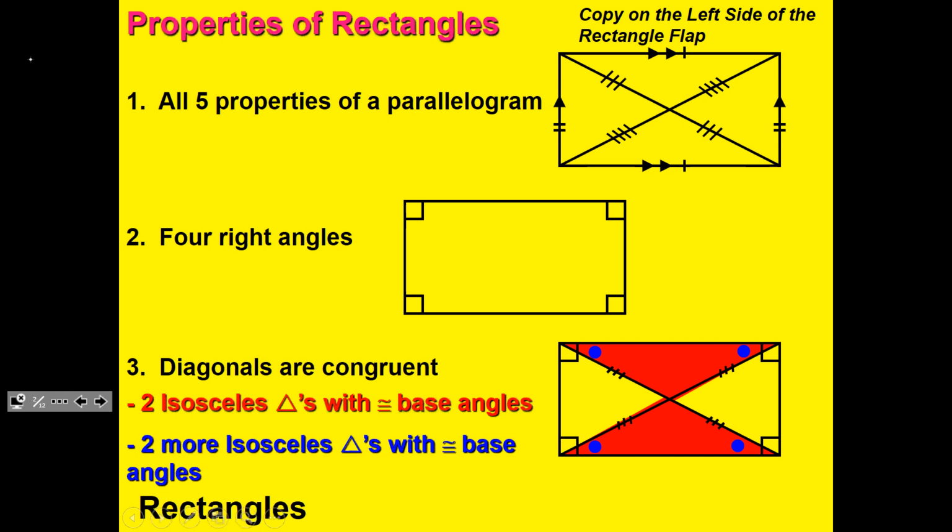Okay, and then we should also have 2 more isosceles triangles on our edges, right? So those would be on the 2 ends. So this could be helpful whenever you're doing your proofs. If you're needing to prove something is congruent, you're automatically going to know I've got 2 isosceles triangles here and 2 on the ends as well.